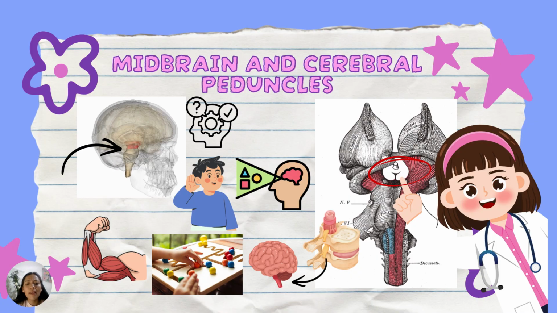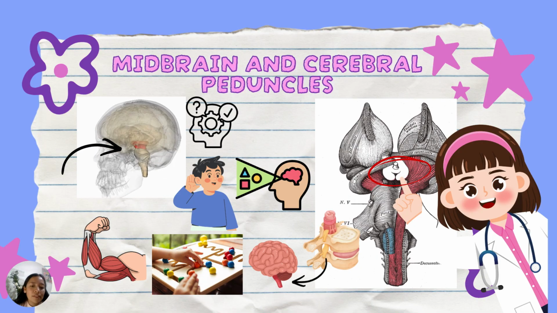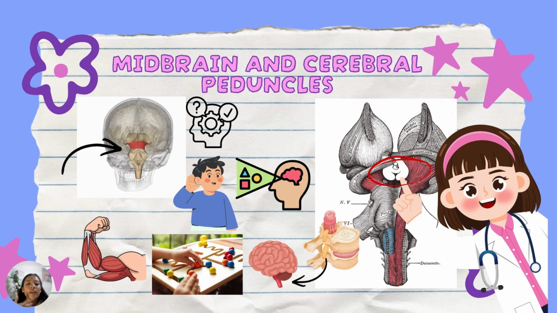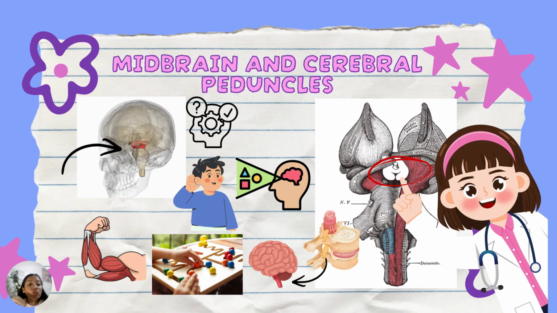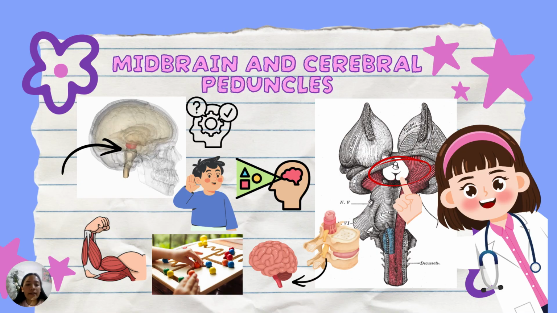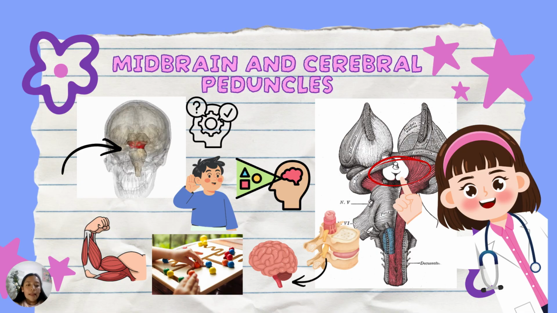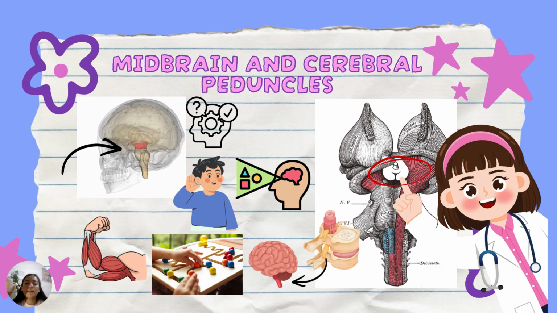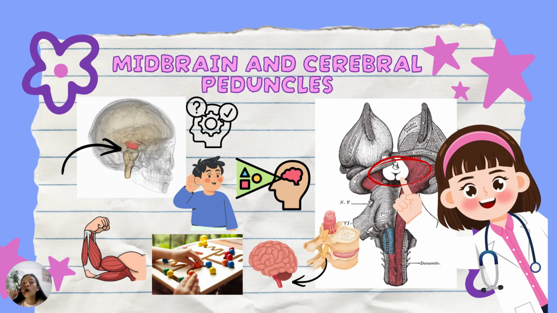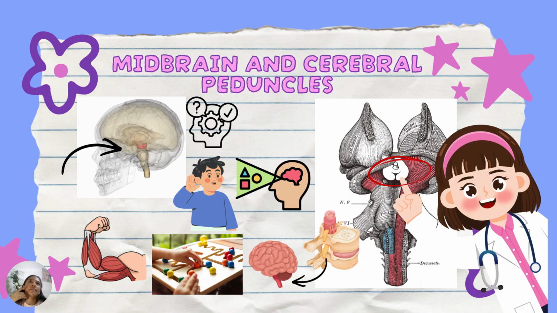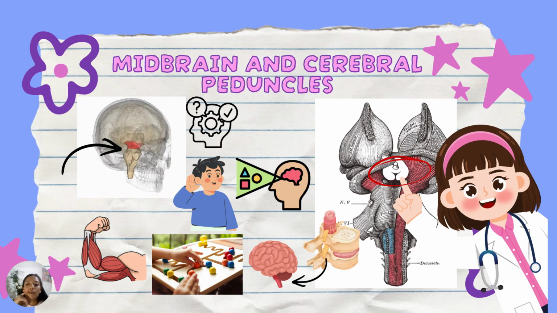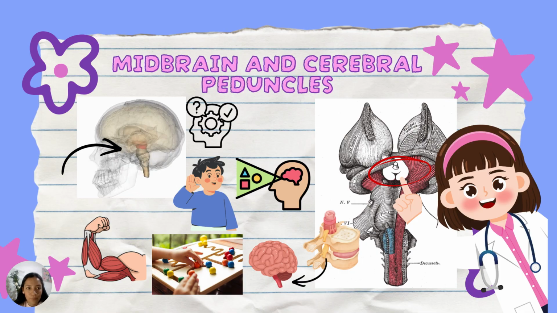So the cerebral peduncles are bundles of nerve fibers that connect the cerebrum with the brainstem and the spinal cord, and they also play an essential role in transmitting motor signals from the brain to the body, like the most important things, like connecting different colors or drawing or painting different things. These are essential activities of every day.